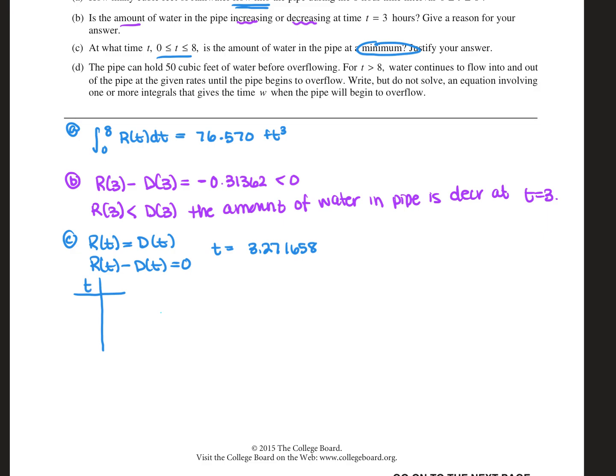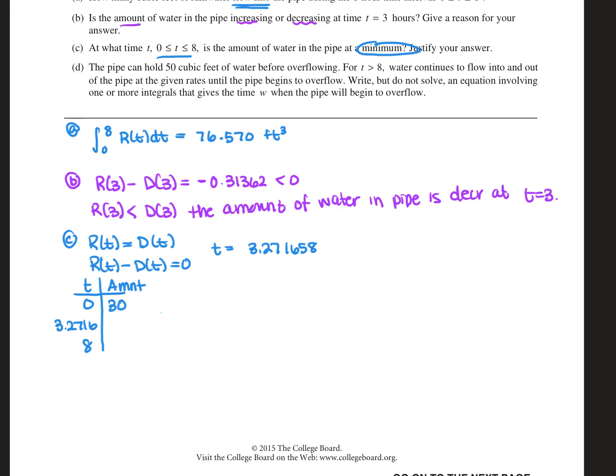So here's the time, here's the amount that's currently in the pipe. We'll have 0, then 3.2716, and then 8. We know at time 0, there is 30 cubic feet in the pipe. It told us that.